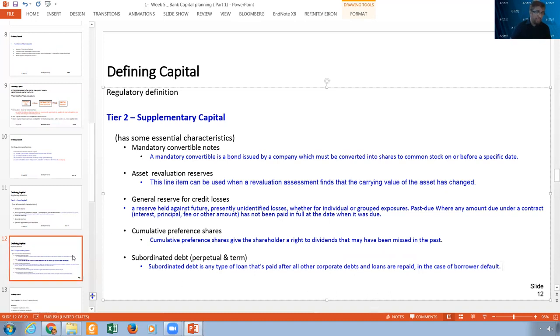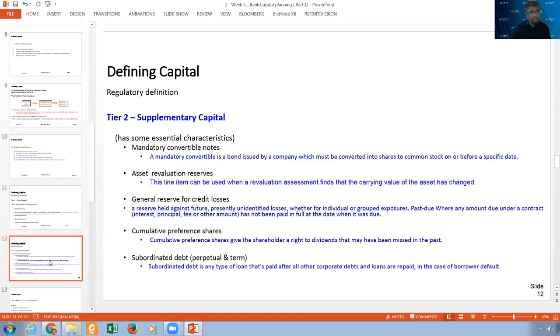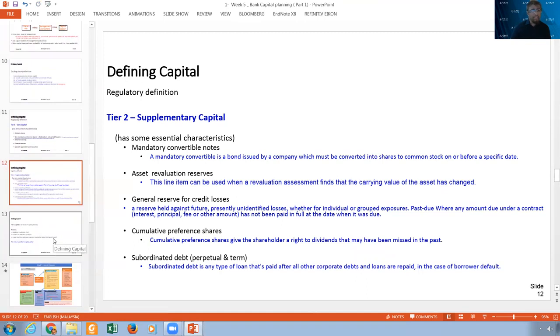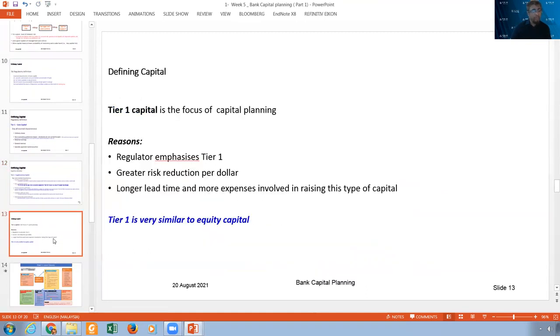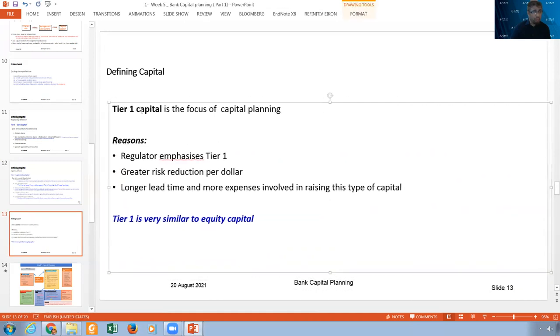So having said that, this is actually tier 1 and tier 2, the definition of the capital, the definition of the regulatory capital, and the definition of the simple ratio. And maybe this is one of the new things that you may know this time. So to conclude, tier 1 capital is the focus of capital planning, and we want this capital to be always there.